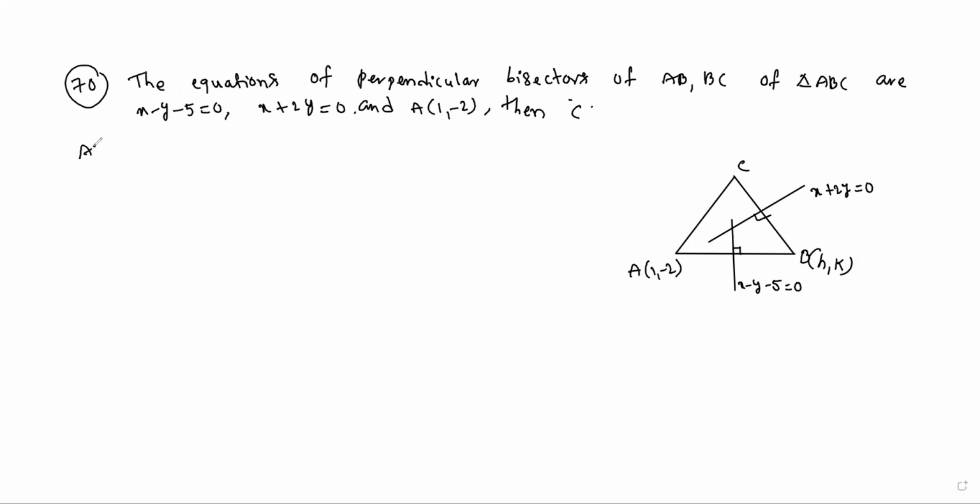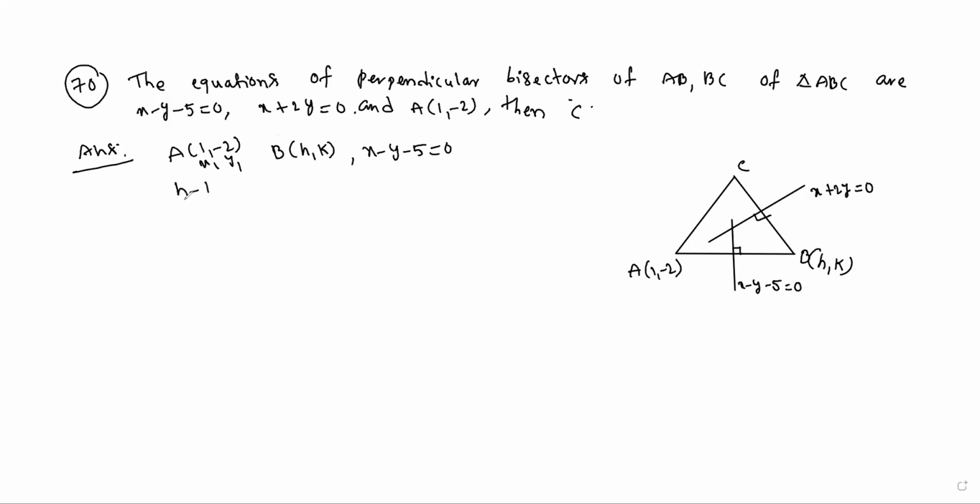Now here, A is 1 comma minus 2, that is x1, y1. Now B we have taken as h comma k, and the line is x minus y minus 5 equal to 0.